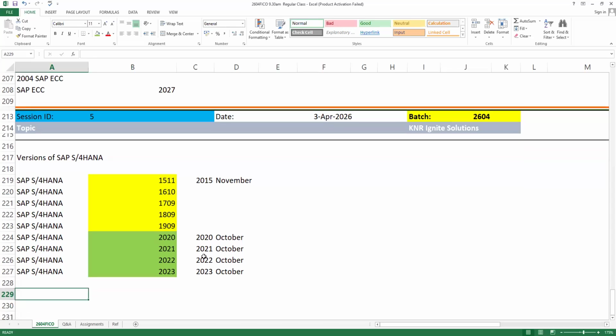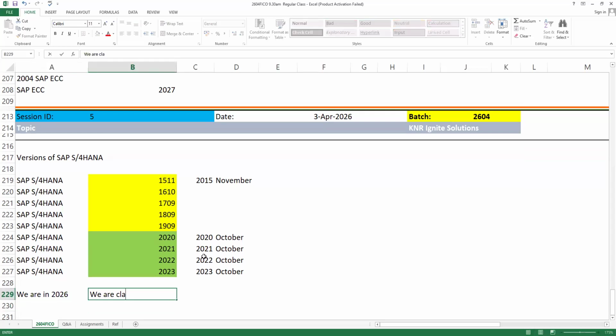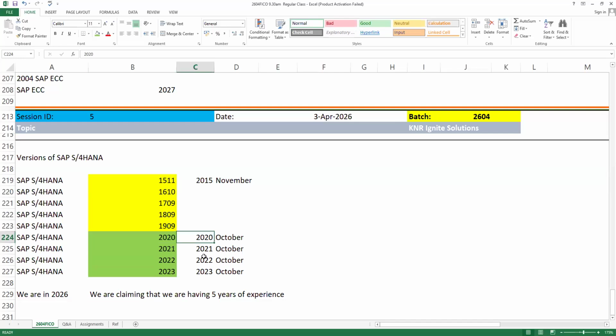Which year of SAP must we have worked on in an implementation project? 2020 or 2021?